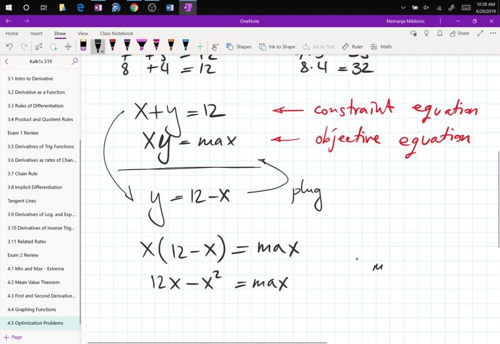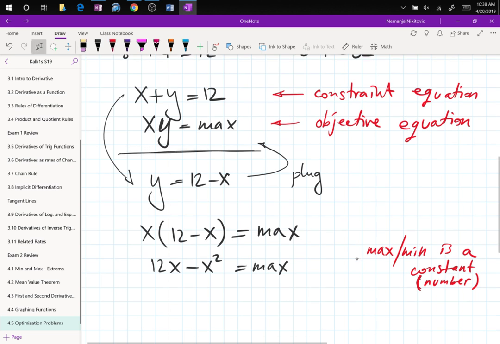Now, let me write that in blood actually. Max slash min is a constant number. So that's very important, right? It's a number.